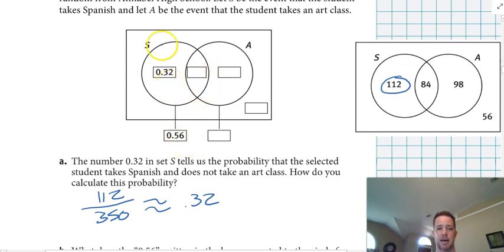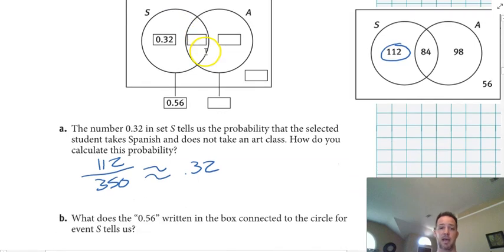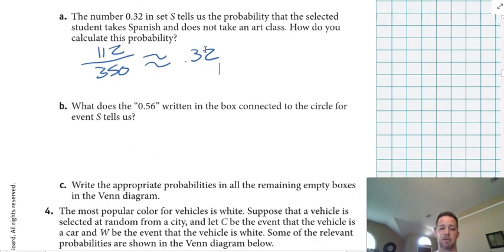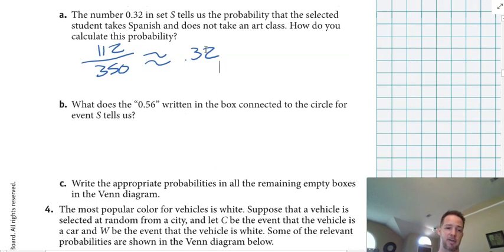It includes the entire circle for S, both the students that are just in Spanish and not art, and also includes the students that are in both Spanish and art. So I would have to add these together. So that represents the probability that a student is in Spanish, regardless of whether they're in art or not. It doesn't matter. It's just the overall probability that they're in Spanish. So the 0.56 is the probability that a student is in Spanish.